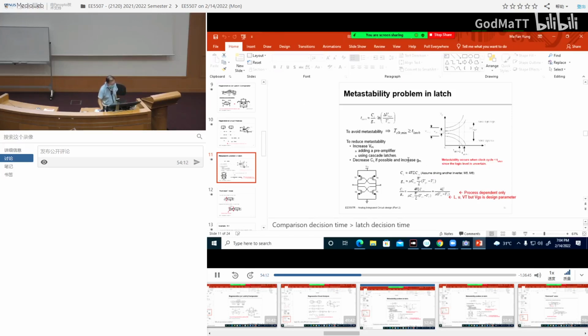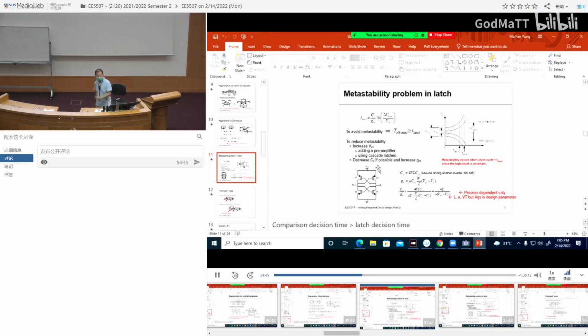Or I put in a cascade of these. My first one cannot go all the way to 100%, so I put a second one. The first one only goes to, let's say, 50%, and my second one will go all the way to 100%. So use a cascade. The other way is that what limits my exponential response time is also my load capacitor.